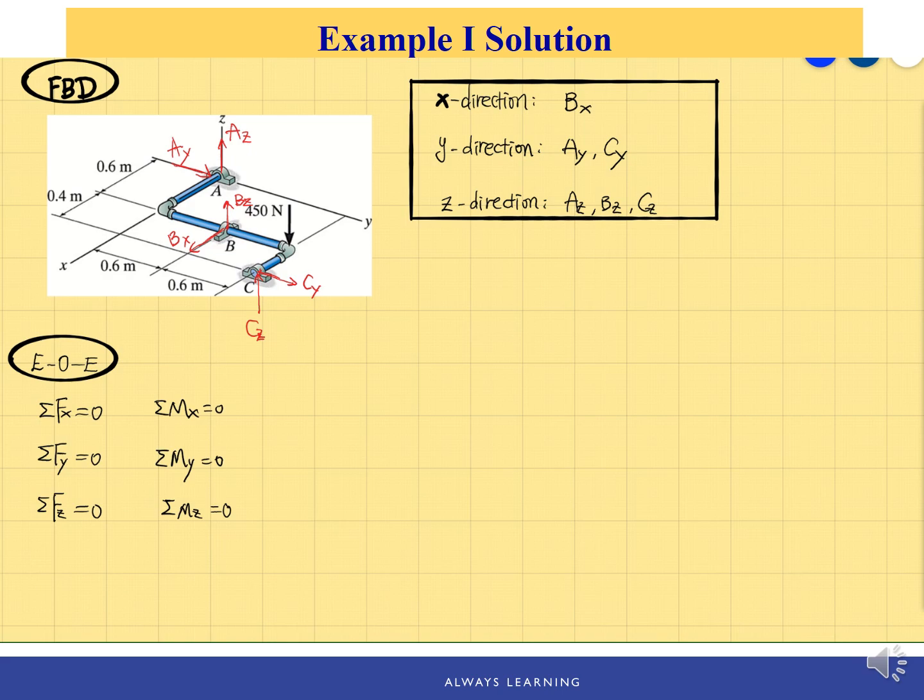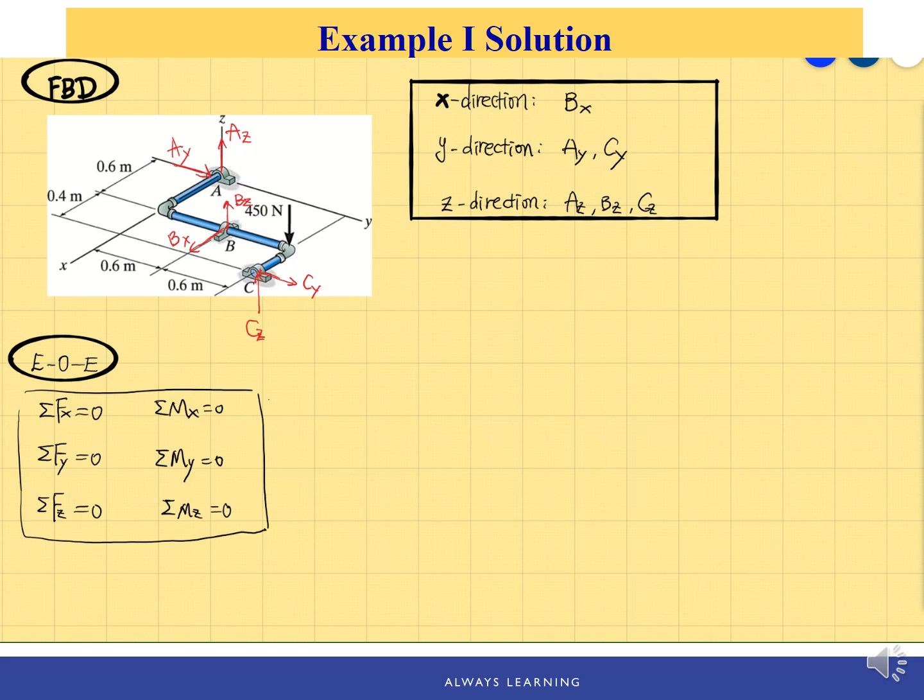And keep in mind, we have 6 independent scalar equations for our 3D rigid body equilibrium problem. So those are the 6 equations. I just put them here for your information. But the order doesn't matter. You don't have to start with the sum of Fx equal to 0 and then the sum of Fy, right? You don't have to follow that order.